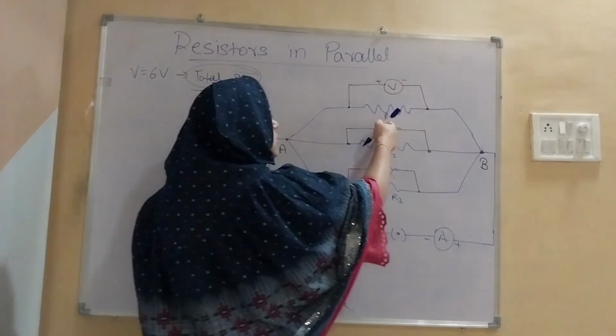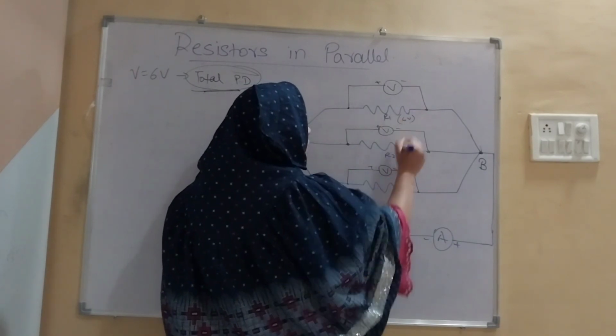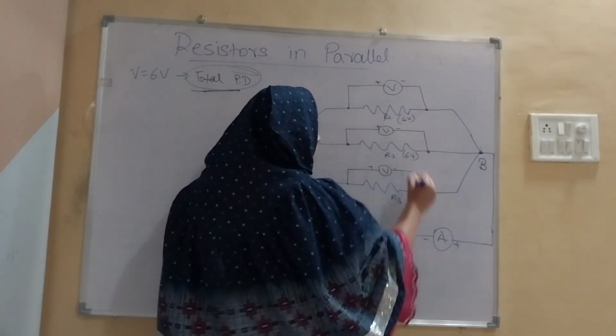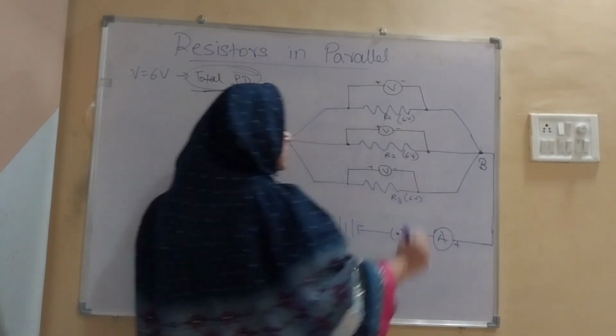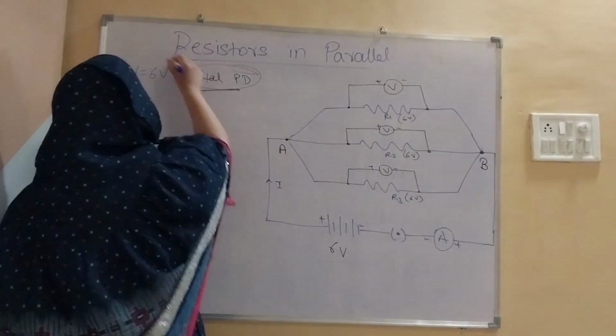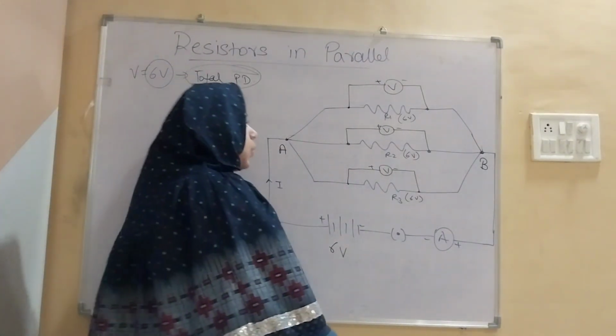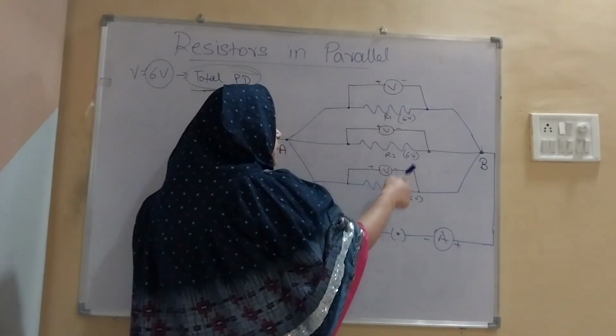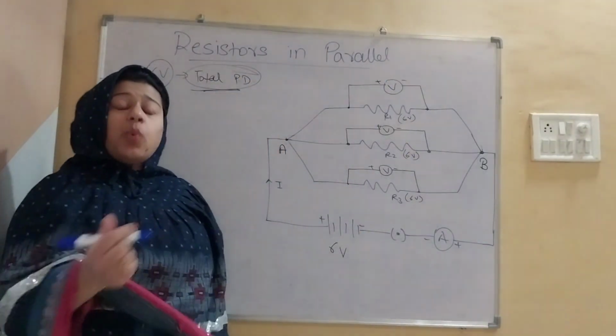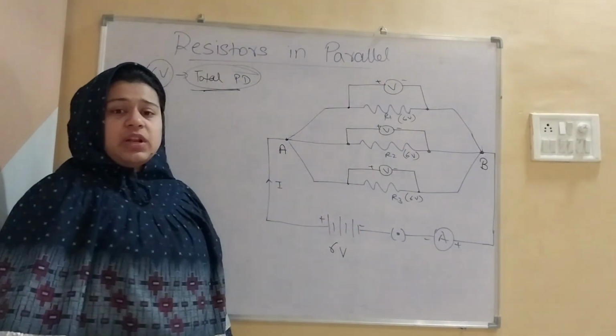The potential difference across R1 is 6 volt, across R2 is 6 volt, and across R3 is also 6 volts. The total potential difference is also 6 volts. So the individual potential difference is equal to the total potential difference.